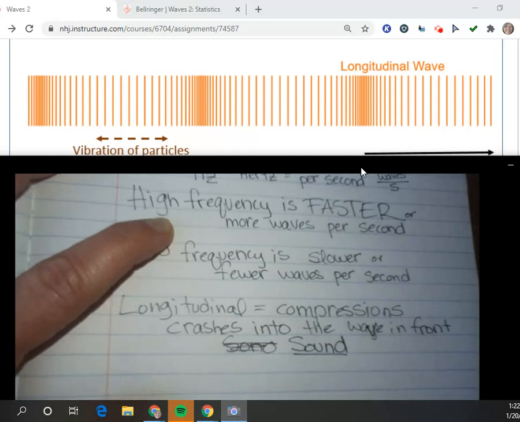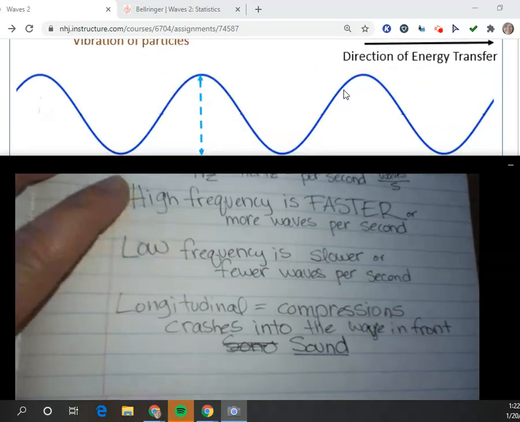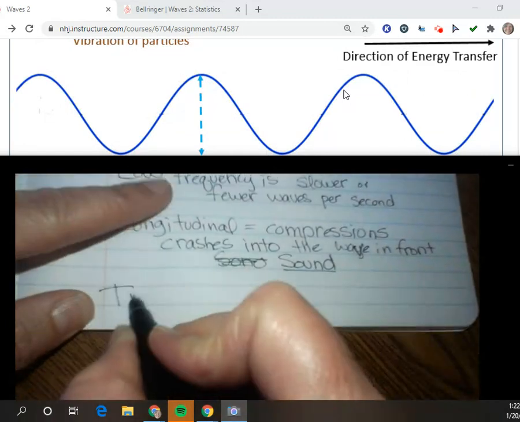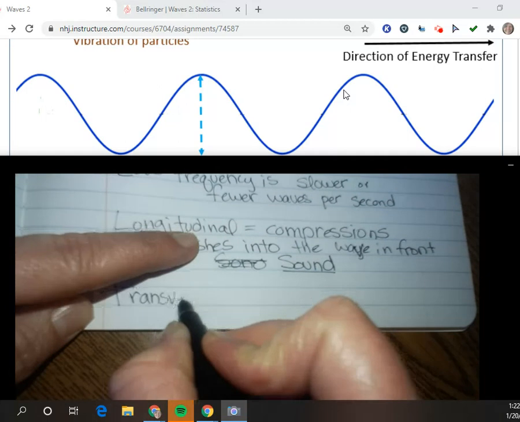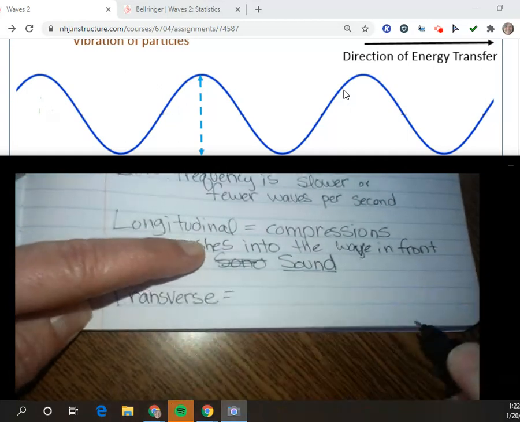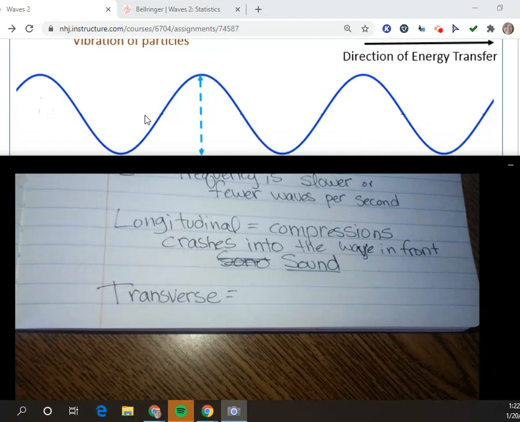So let's look at the other kind of wave. The transverse wave. An example would be light. Okay. So notice the particles actually move up and down. Okay.